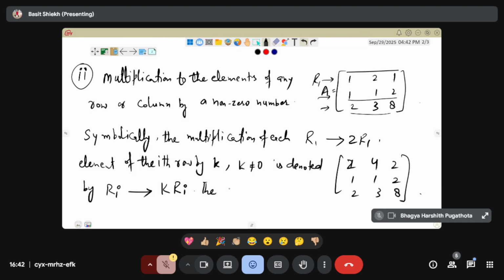The same transformation on a column is denoted by Ci goes to k times Ci. This k is some scalar, that means a non-zero constant, any real number which is not equal to 0.